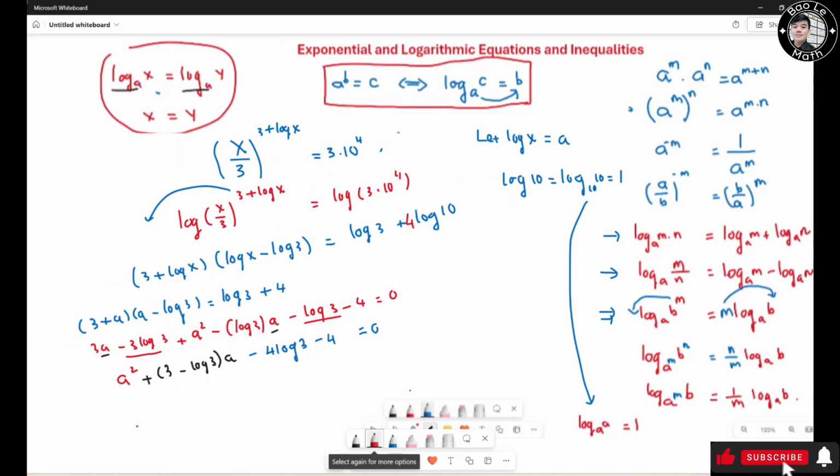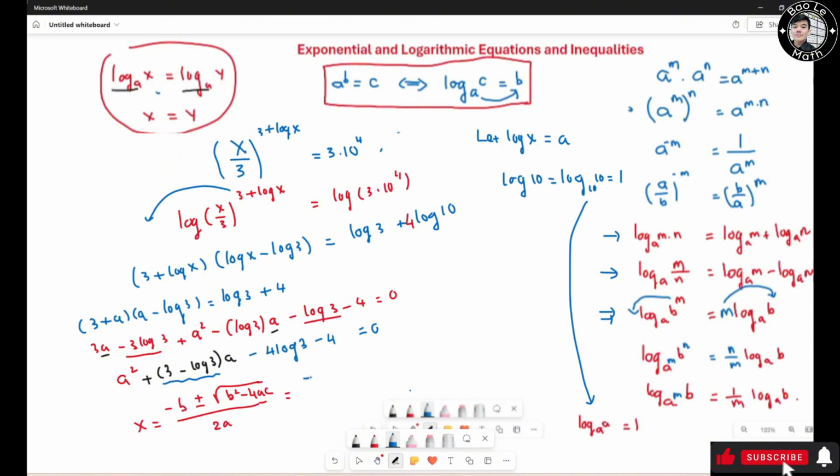Alright, so we have two solutions. a equals negative b plus or minus the square root of b squared minus 4ac, over 2a, right? And then I just substitute negative b. b in this situation is going to be this right here.